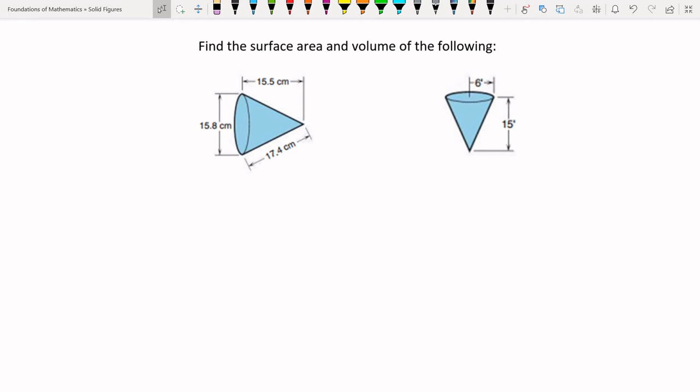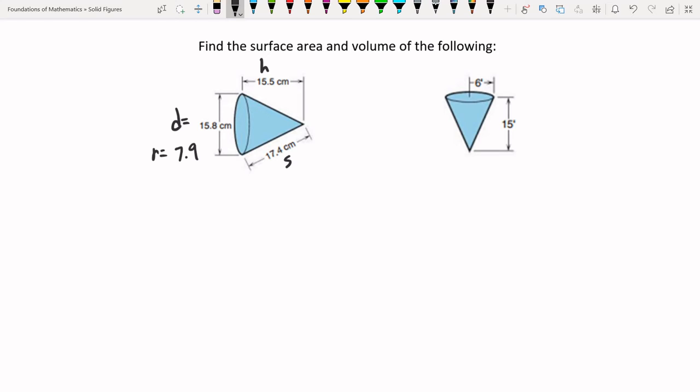So this first cone, I know the diameter of the base, I know the height of the cone, and I actually know the slant height, s, of the cone. So first thing we need to do is figure out what the radius is. The radius is going to be half of the diameter, which of course is 15.8. So we get a radius of 7.9.